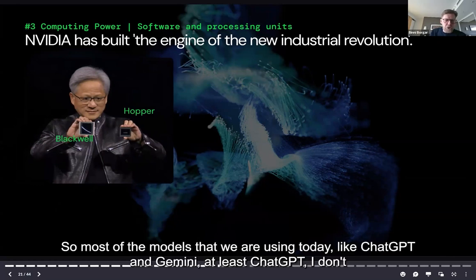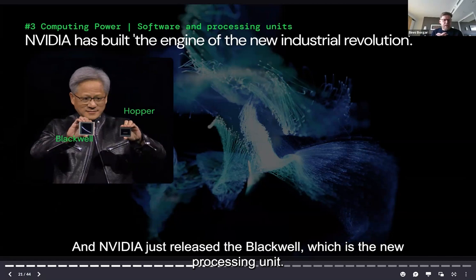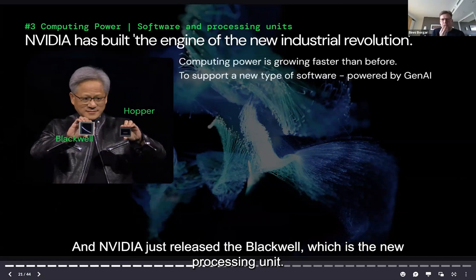So most of the models that we are using today, like ChatGPT and Gemini, at least ChatGPT, I don't know about Gemini, are trained using the Hopper GPU processing unit. And NVIDIA just released Blackwell, which is the new processing unit.